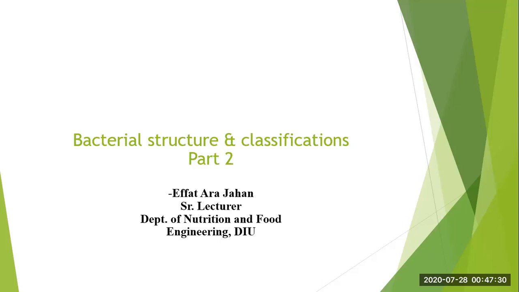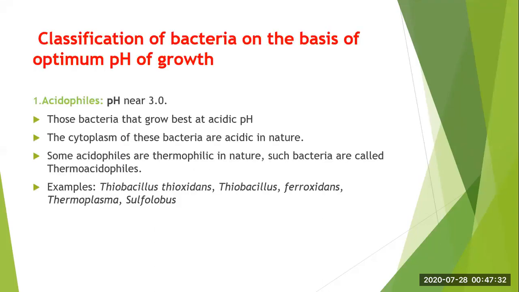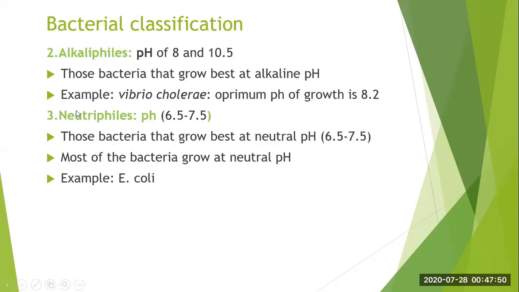So let's get started. First of all, we can classify bacteria on the basis of optimum pH growth, or you can also say on the basis of pH. We can classify bacteria on the basis of pH into three: first acidophiles, then alkaliphiles, and then neutrophiles.